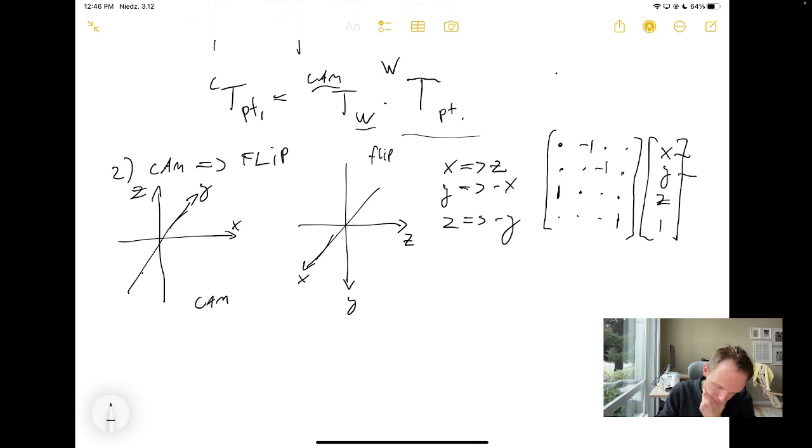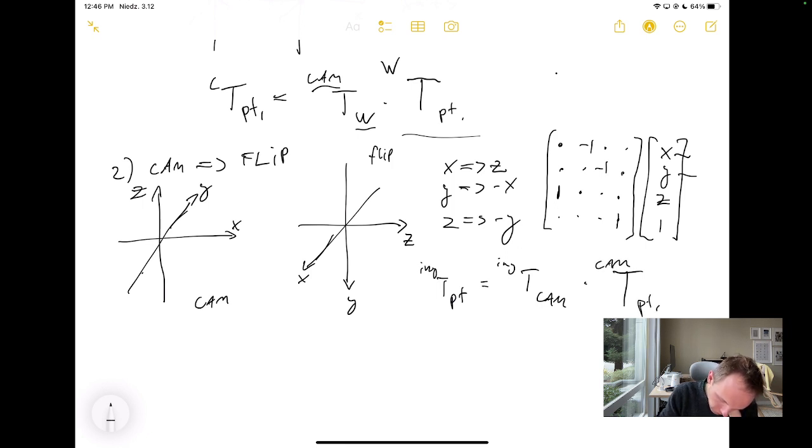And then if I want to ask, what's the position of the point in the image frame, it has to be image in camera, just looking purely at the mechanics of how it works, times the position of the point in the camera. We have this from the previous step, and this is something that we have just designed to make it specifically in this way.